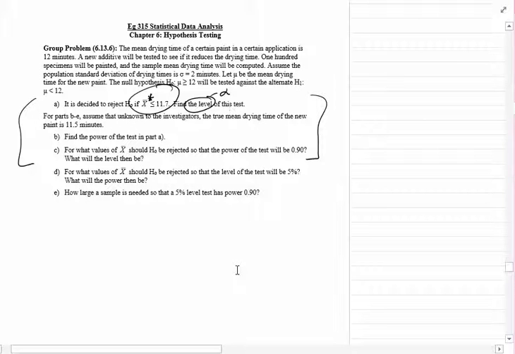Part B, and it was, right, what's the power? If this really is, so we got a one-sided test, right?